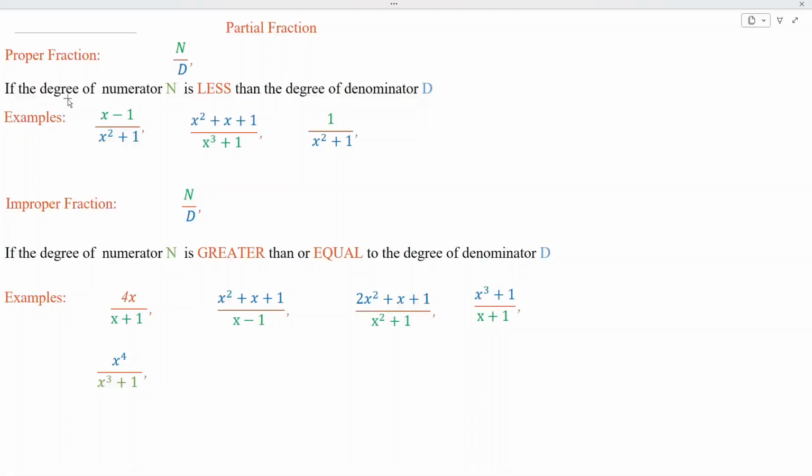There are two types of fraction. One is called proper fraction. The other is called improper fraction.